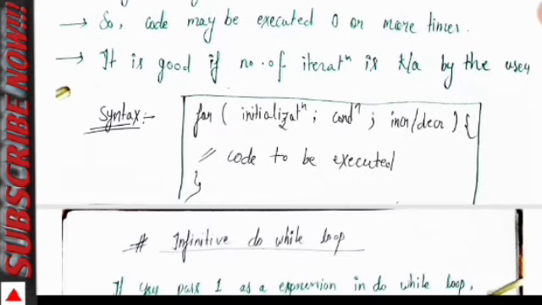In the parentheses, firstly we initialize, then give the condition, and last we give the increment or decrement value, and they are separated by semicolons. After that we give the lines of code to be executed.